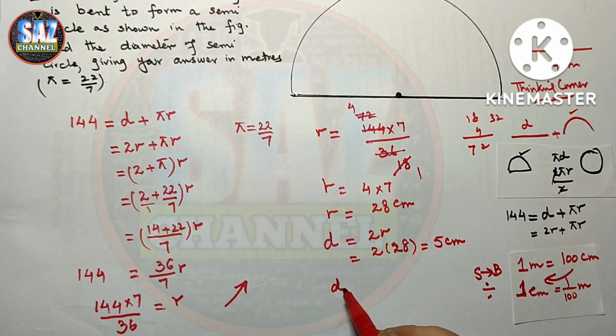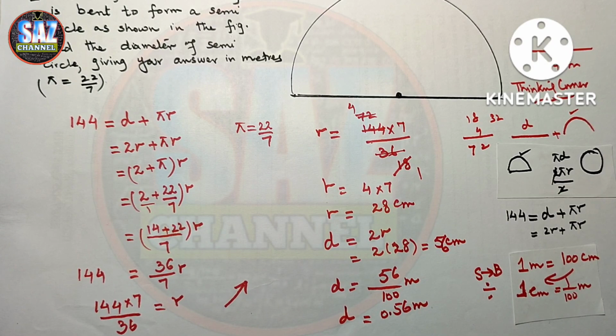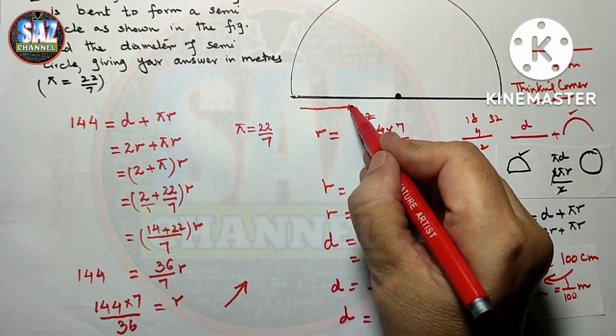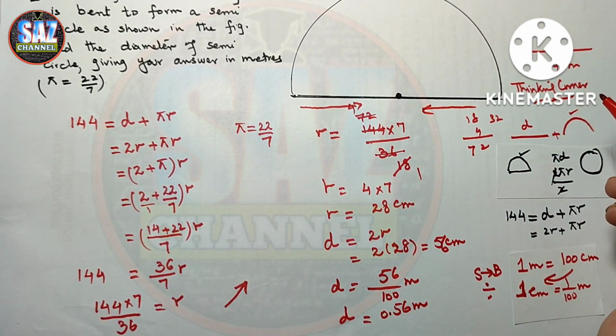So diameter will be equal to 56 divided by 100 meters, and we know the rule for placing the decimal, that is 0.56 meters diameter.